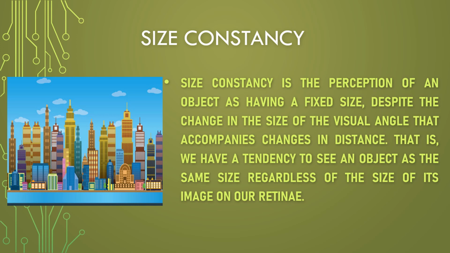We perceive the buildings in the background as tall because we know that they are far away and deep in our visual field based on the cues in our environment. So that is size constancy. That is, the size remains constant in our perception, regardless of whether the object is far or near to us.